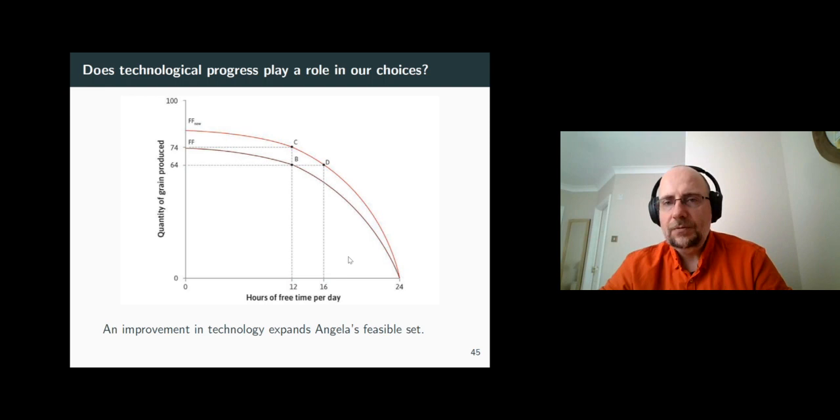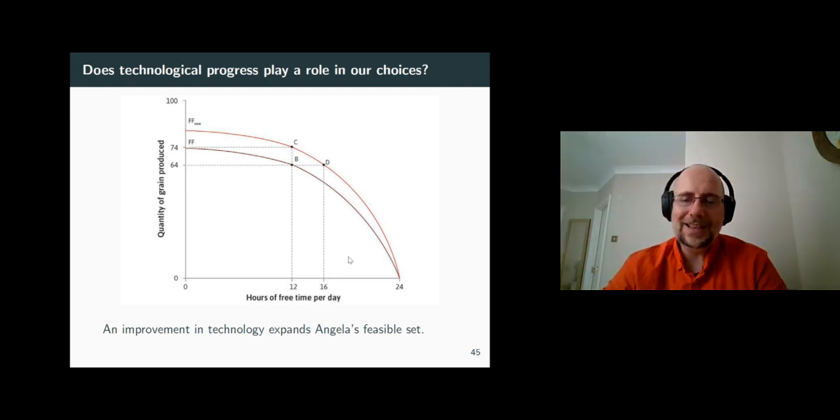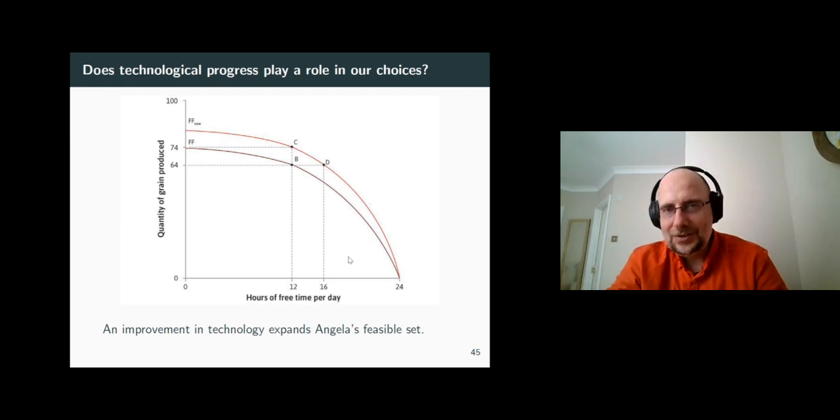So the production function determines what is feasible to us, but the technological progress expands the production function. Then technological progress effectively expands what is feasible to achieve. It expands our feasibility constraint.